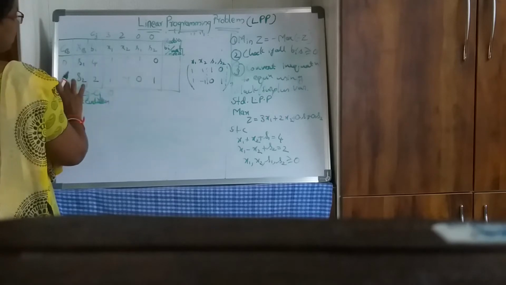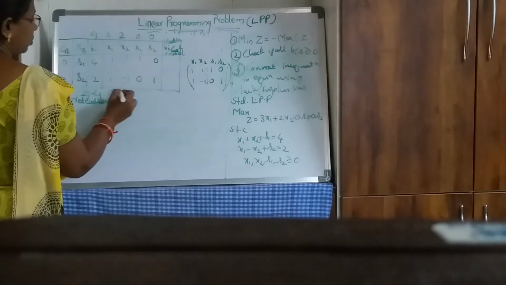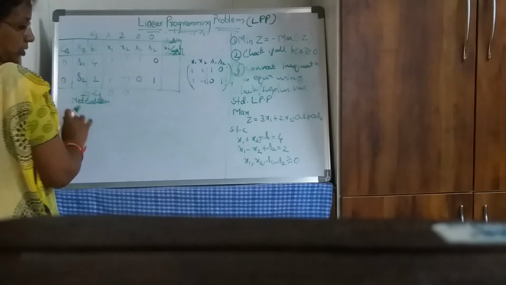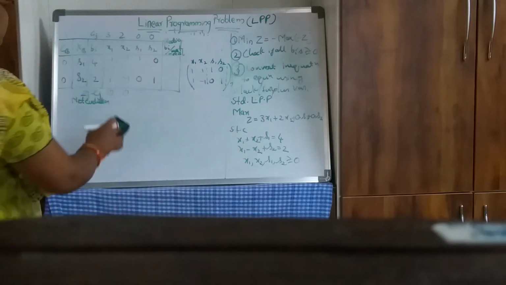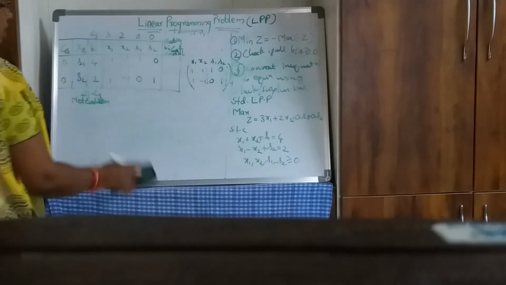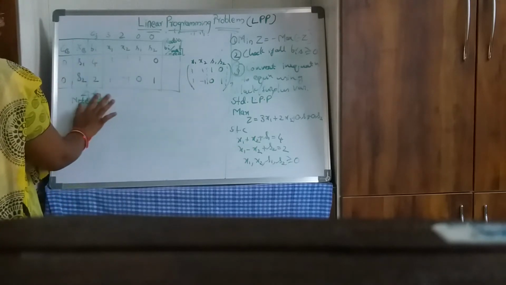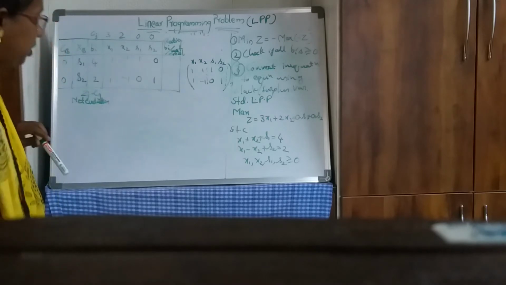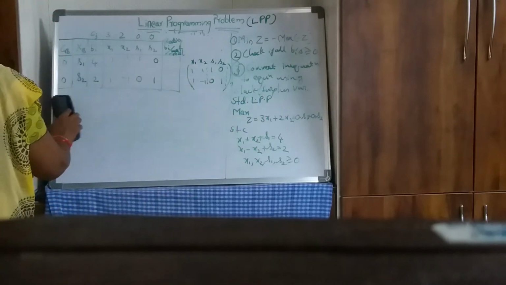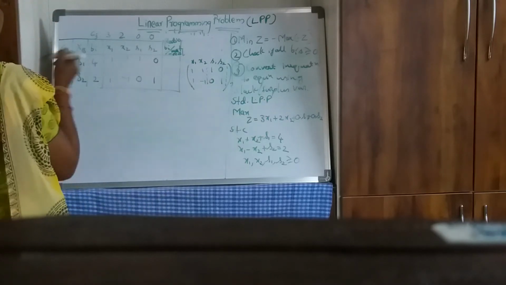0 into 1 plus 0 into minus 1, 0. See what you have to do? So first we will find Zj, then it will be easy. Instead of this, first let me find Zj.